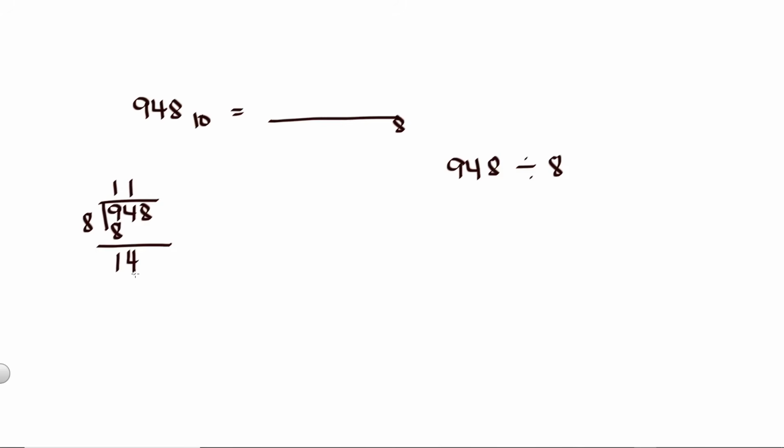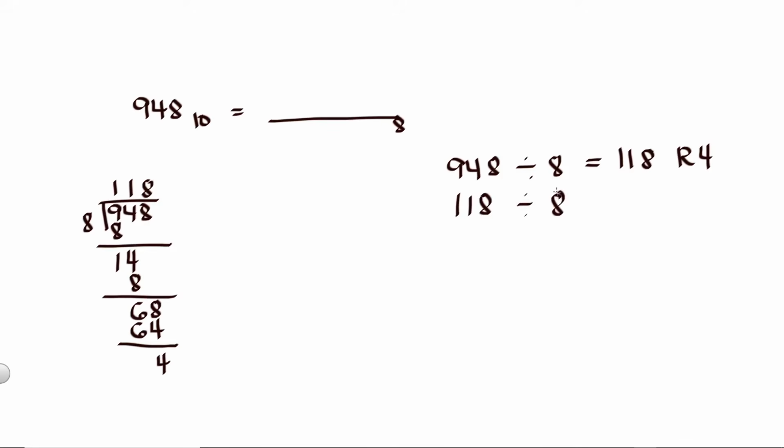And 1 times 8 is equal to 8. 14 minus 8 is equal to 6. Then bring down 8. 68 divided by 8 is equal to 8. And 8 times 8 is equal to 64. So 68 minus 64 is equal to 4. So the answer is 118 remainder 4.